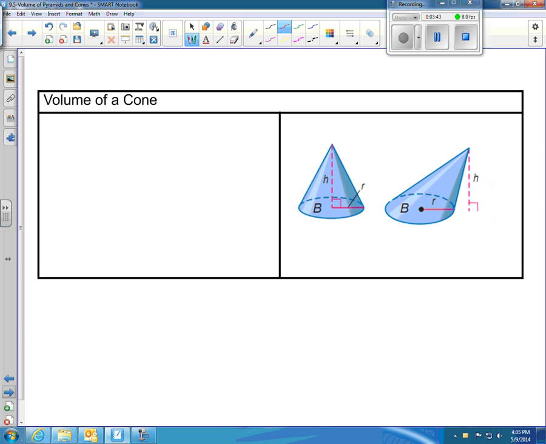All right, so now let's apply it to a cone. The cone's formula is the same idea. We have volume equals 1/3 times base area times height, but because this is a circle, we know the base area is going to be pi r squared. So we can get specific with that. Again, it's the height, not the slant.